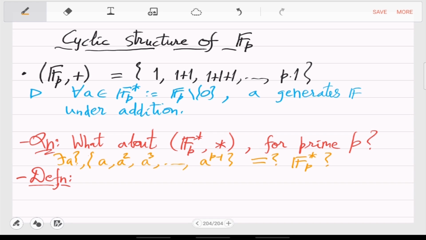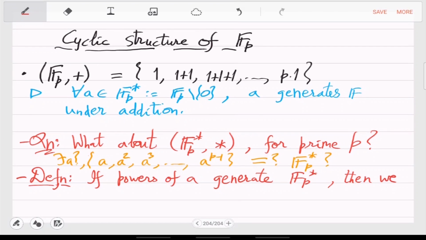So here, if A generates, or powers of A give, all of Fp star, then we call it a primitive element in Fp.